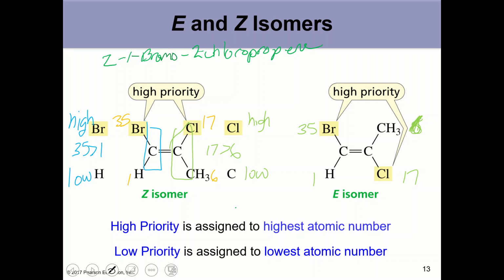And to name the Z isomer, we would write Z-1-bromo-2-chloropropene, because when we have a double bond, we count the longest chain that contains the double bond, with the lowest numbering for all substituents possible.